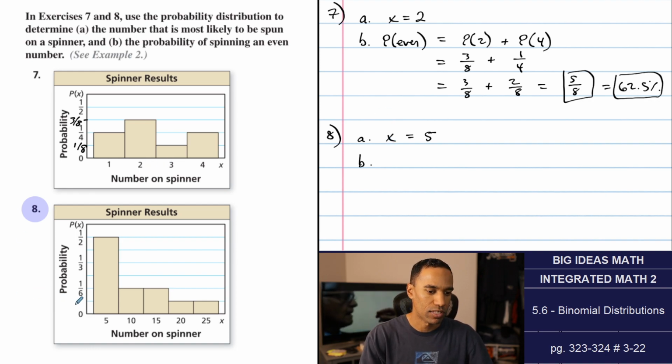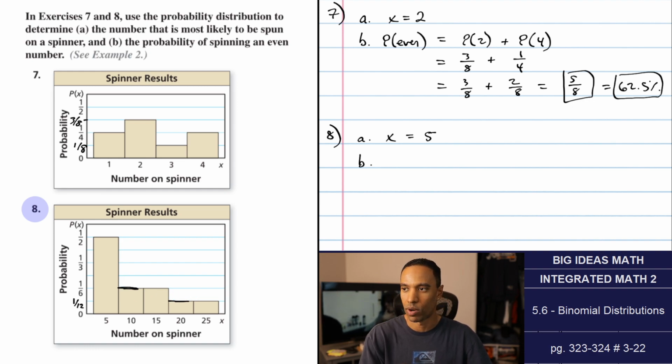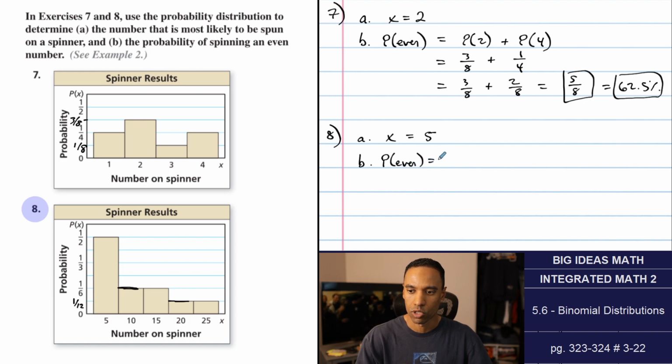Probability of being an even number, I suppose we're just looking at the 10 and the 20. So half of 1/6 is 1/12. That's what this part represents. And that's the only one that I really care about because I'm looking at the 10 and the 20 numbers. 10 is on 1/6. So probability of even equals probability of 10 plus probability of 20. One or the other. Probability of 10 is 1/6. Probability of 20 is 1/12.